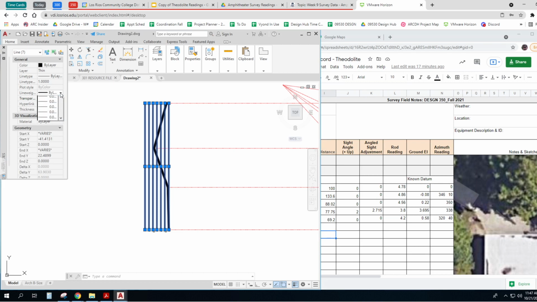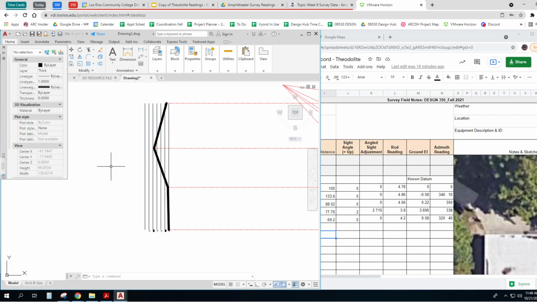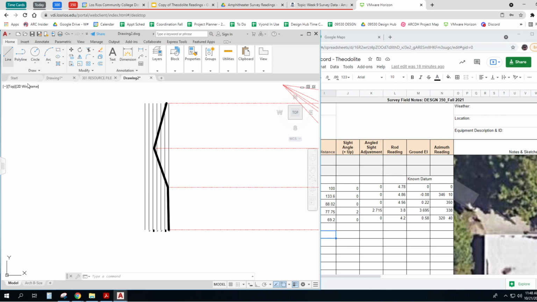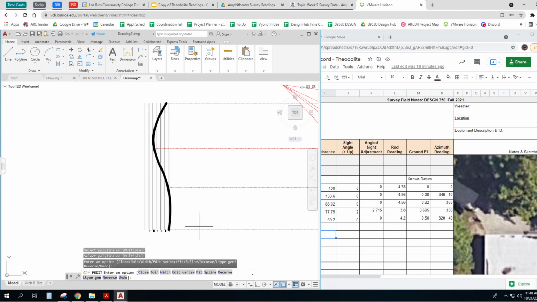And line weight, I'll pick as being a little bit less. There we go. And then to make it look curvy, I can p-edit if I want. And I can maybe do a fit. There we go.